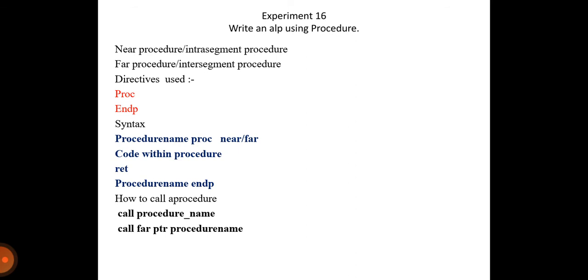Because when we call a procedure outside of the current code segment, we need to change the value of CS. Now CS will point to the code segment in which the procedure is defined. So we have to perform two push operations, one for CS and one for IP.